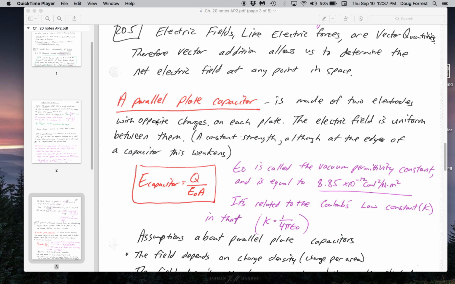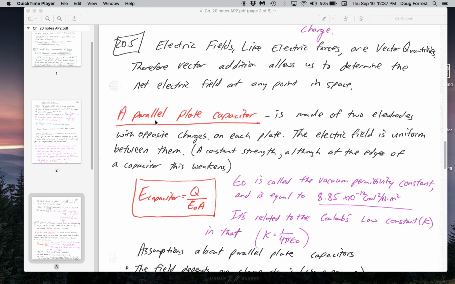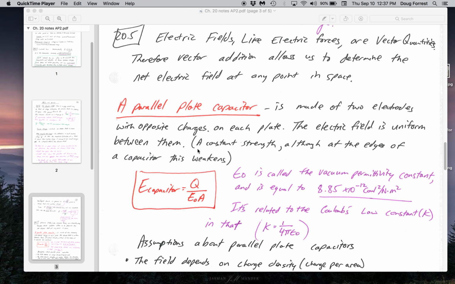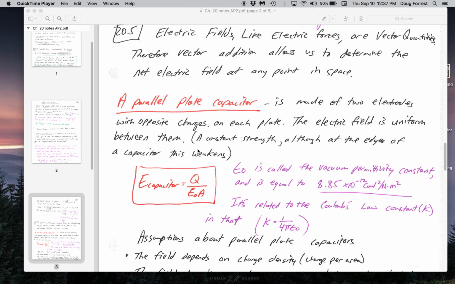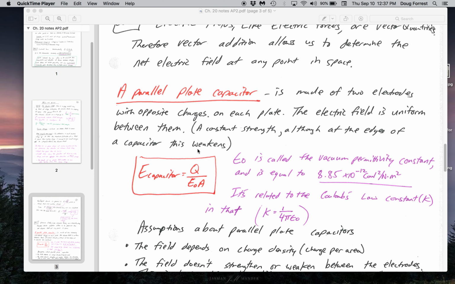A parallel plate capacitor is something that's going to be pretty important to us. It's going to be mentioned across several chapters and is discussed here. That's made out of 2 electrodes, opposite charges on each plate. The electric field is uniform in between them. This is a formula on your formula sheet. This is a different constant, called vacuum permittivity. That's a weird name.